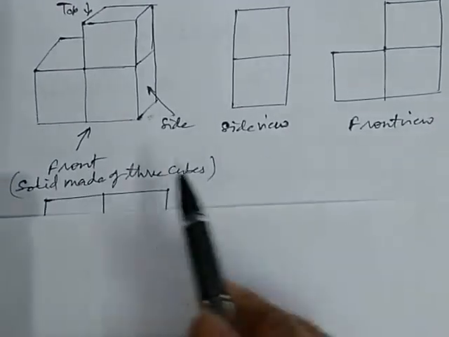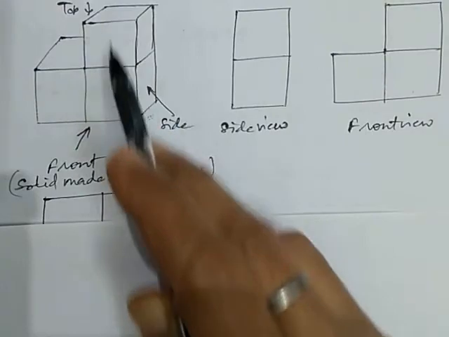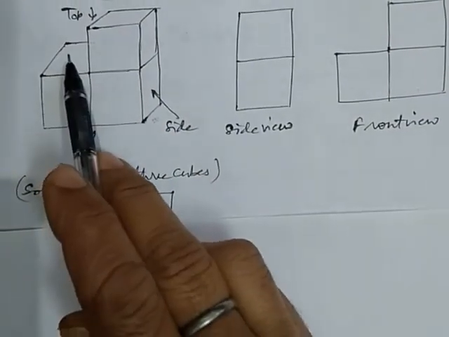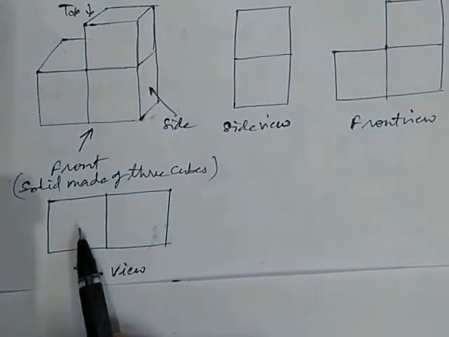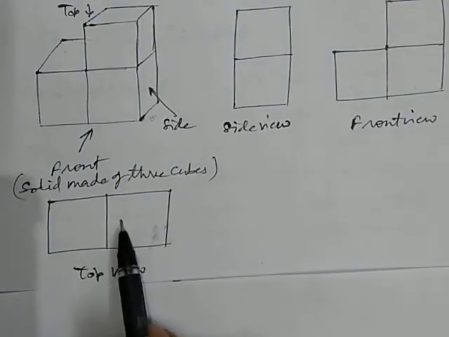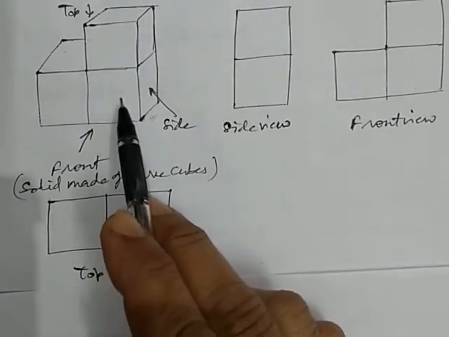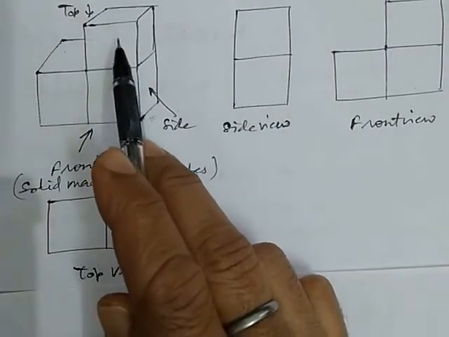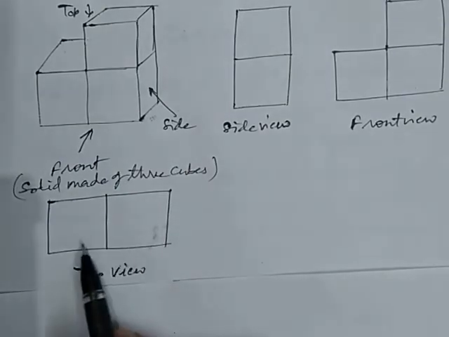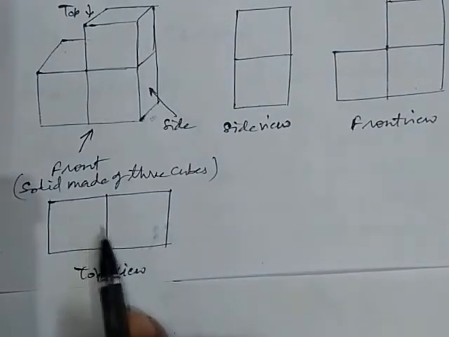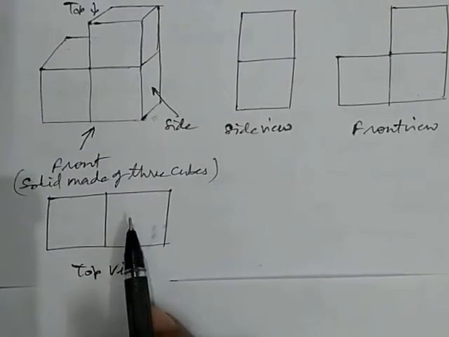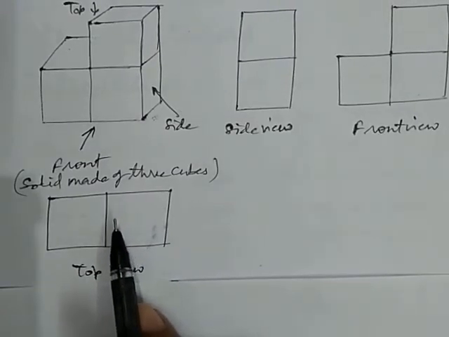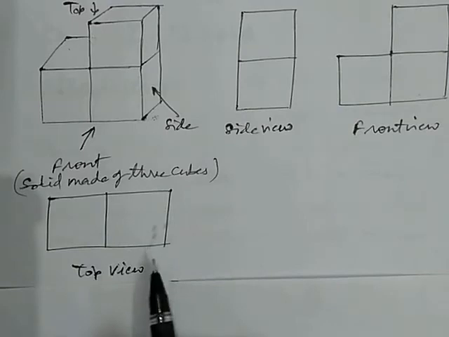But if we look at this from the top, then only the top edges of these 2 cubes are viewed. This cube is hidden behind this. Okay, so this is the top view. So this type of view helps us understand how a 3D shape looks from different positions.